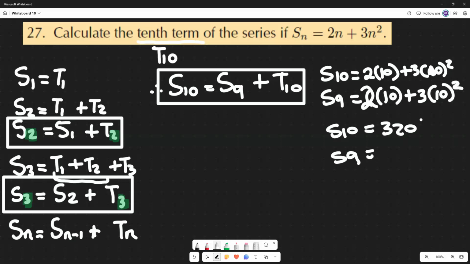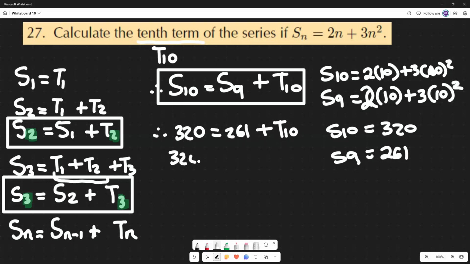And then let's check what S9 is. S9 will be 261. So we can now substitute there. Therefore, S10, which is 320, equals S9, which is 261, plus T10, which is what we're looking for.